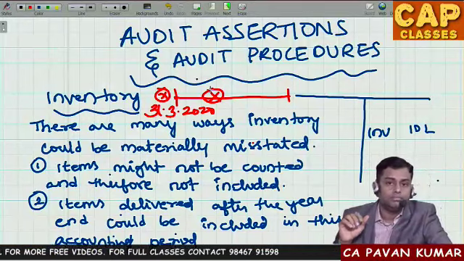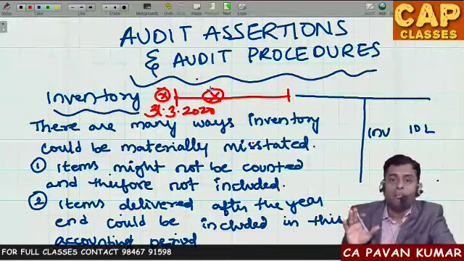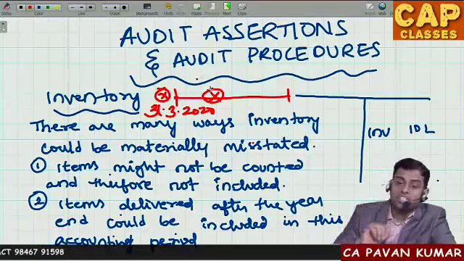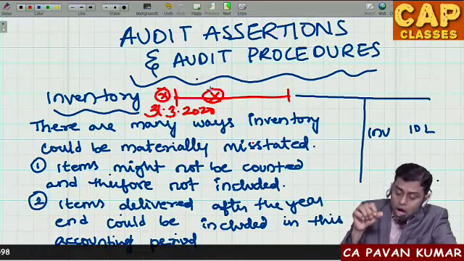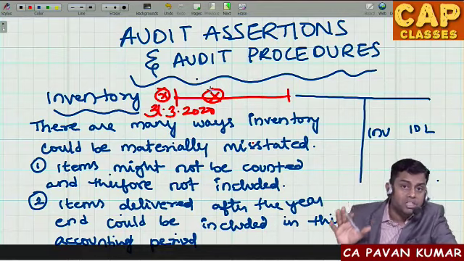Otherwise, do not take it. Simply because you paid an advance or gave a purchase order, you cannot record inventory or a purchase transaction. If you record that in this year, it is a very big mistake.